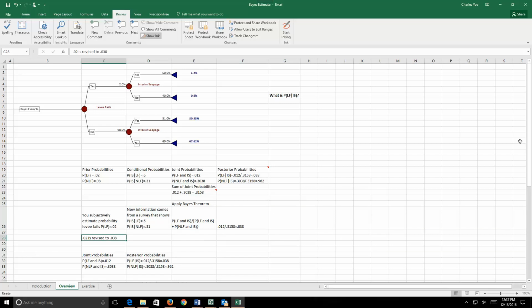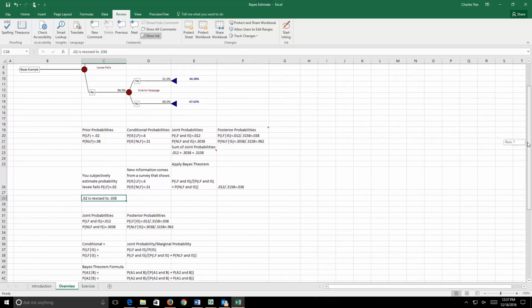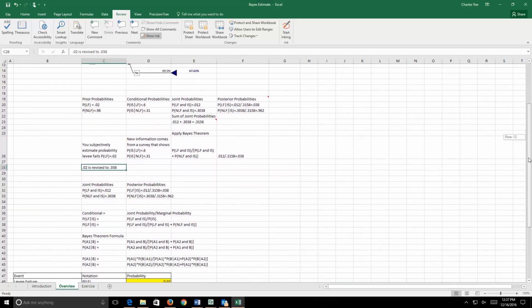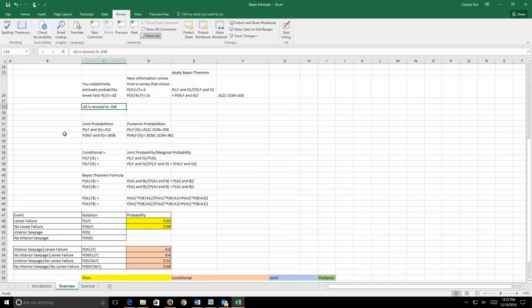In the remainder of this exercise, you will find some additional information. We have joint probabilities calculated here, and we show you how they play into the posterior probabilities. This is just a repeat from the information above. In these cells here, we try to put into words what's happening here.